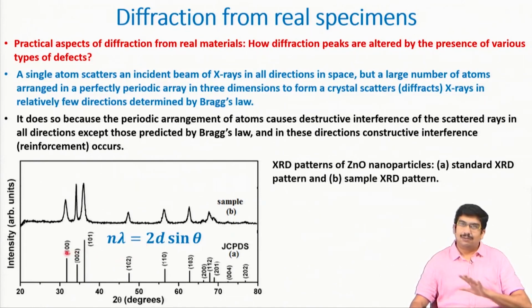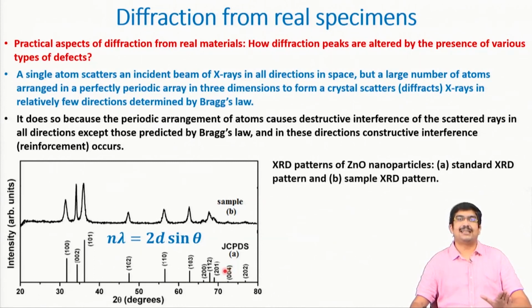Their peak intensity also in relative units, what should be the peak intensity of the 100 plane, of the 002, 110 type or 111 peak, and so forth. So you can ideally generate this entire diffraction pattern.